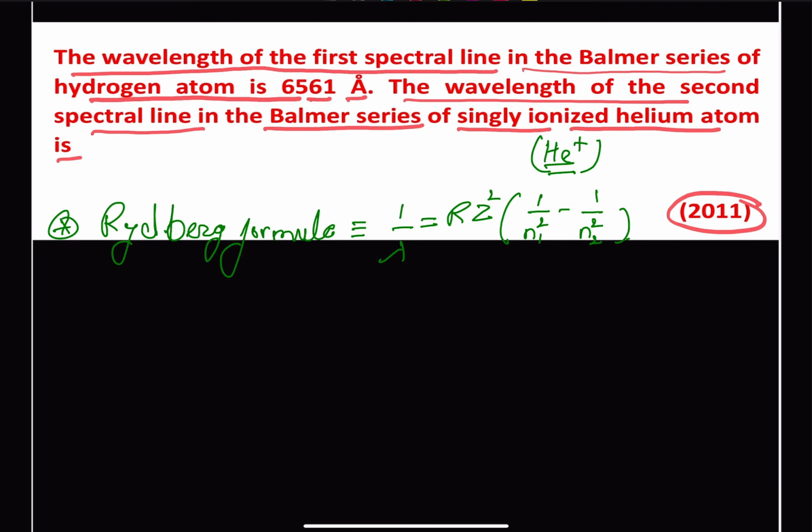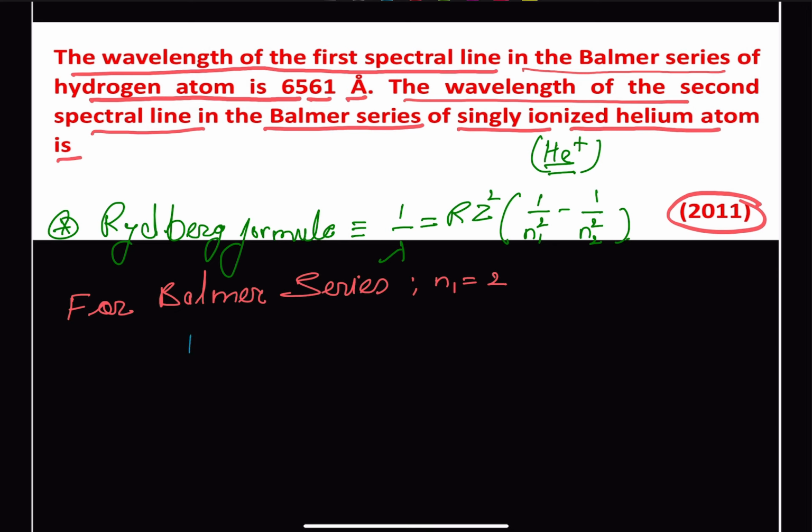We can say for Balmer series, our n1 will be equal to 2, and for the second spectral line our n2 will be equal to 4.